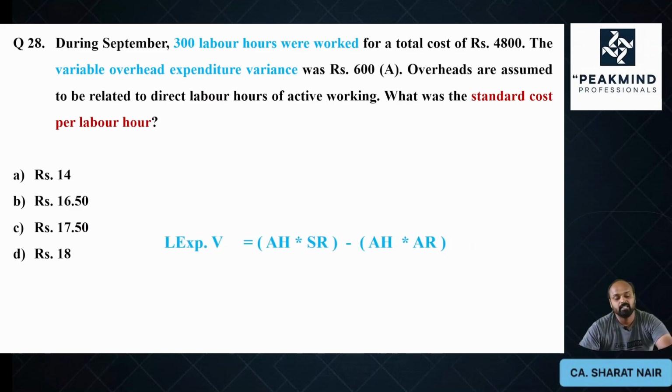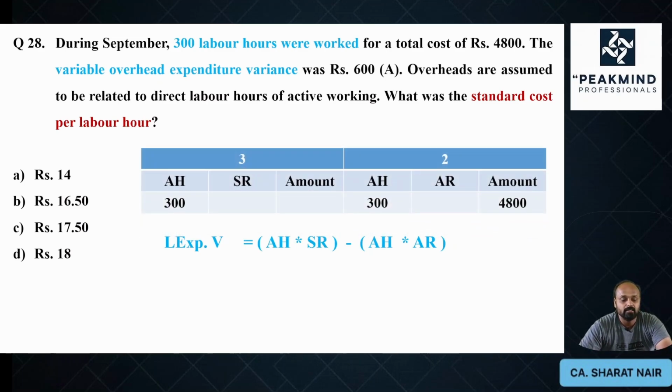We know that labor expenditure variance means actual hours into standard rate minus actual hours into actual rate. Now, what is this expenditure variance? It is talking about how much I was supposed to engage a worker for and how much I happened to pay to the worker. So that difference is what we are trying to represent by labor overhead expenditure variance.